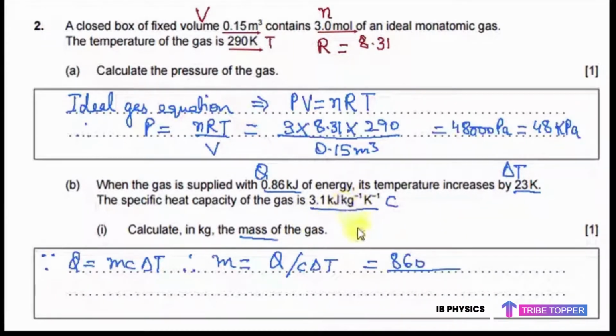So when you multiply it by 1000, you get 3100 joules times the change in temperature, delta T, is 23, and when you solve this you get 0.012 kilograms as the mass of the gas.